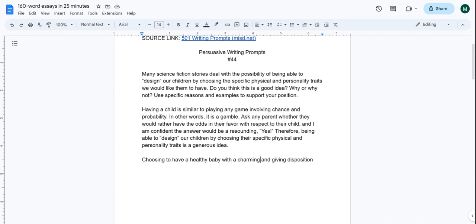Therefore, being able to design our children by choosing specific physical and personality traits is a generous idea. And maybe I'll play with words a little bit here: is a glamorous idea.